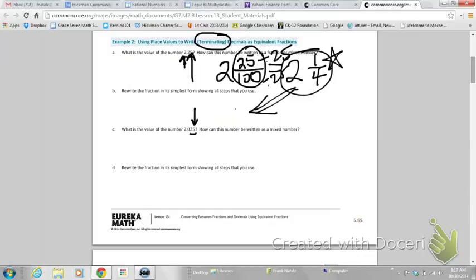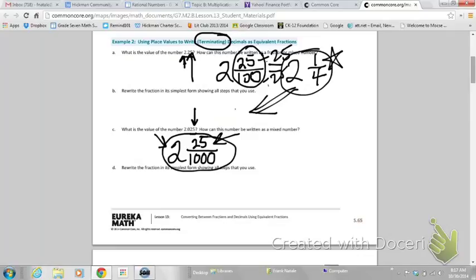First of all, let's start from the beginning, 2. That's our wholes. And I read 25 thousandths there. So that is 2 and 25 thousandths. This is how I write it as a fraction, or actually mixed number in this sense, a whole portion and a fractional portion.